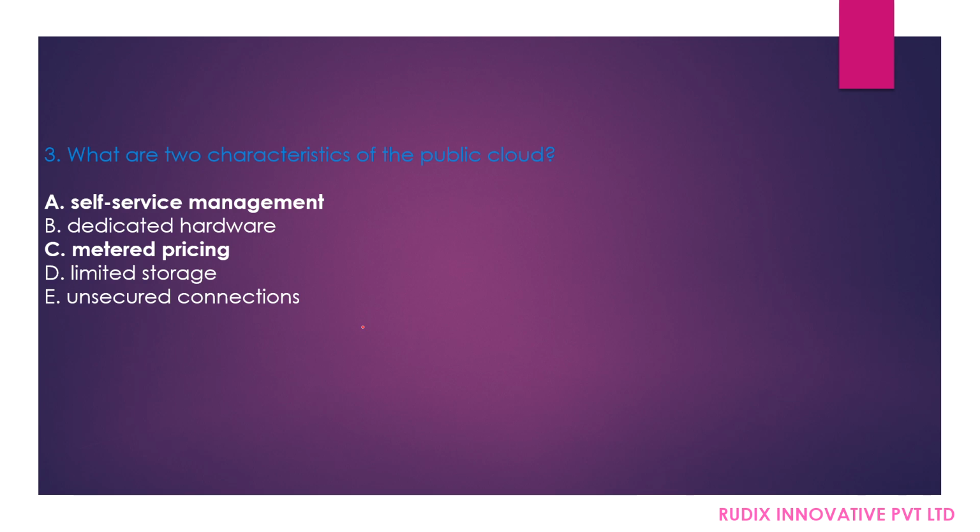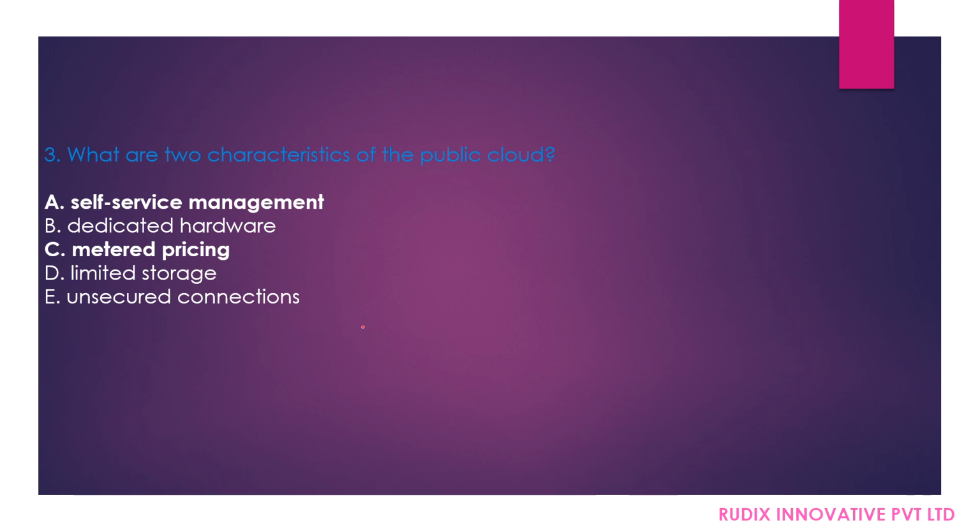Options B, D, and E are not characteristics commonly associated with the public cloud. Coming to option B, dedicated hardware. Public cloud services typically use shared infrastructure where multiple customers' workloads run on the same physical hardware, rather than dedicated hardware for each customer.